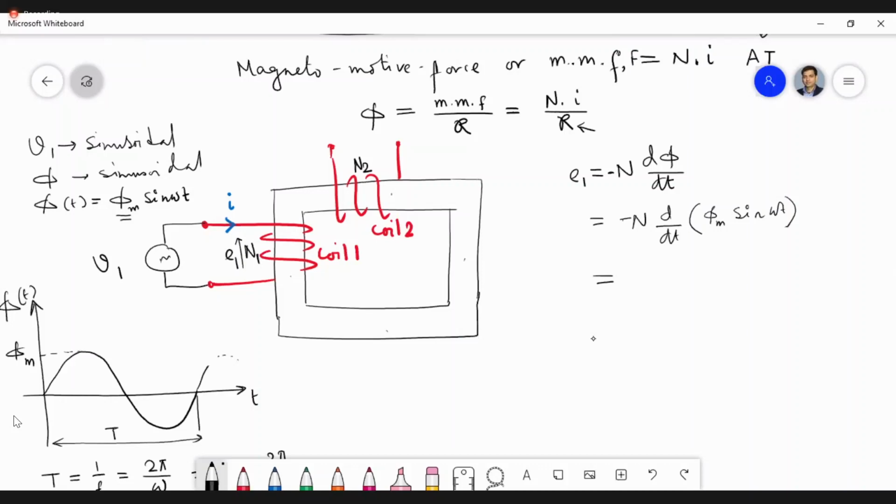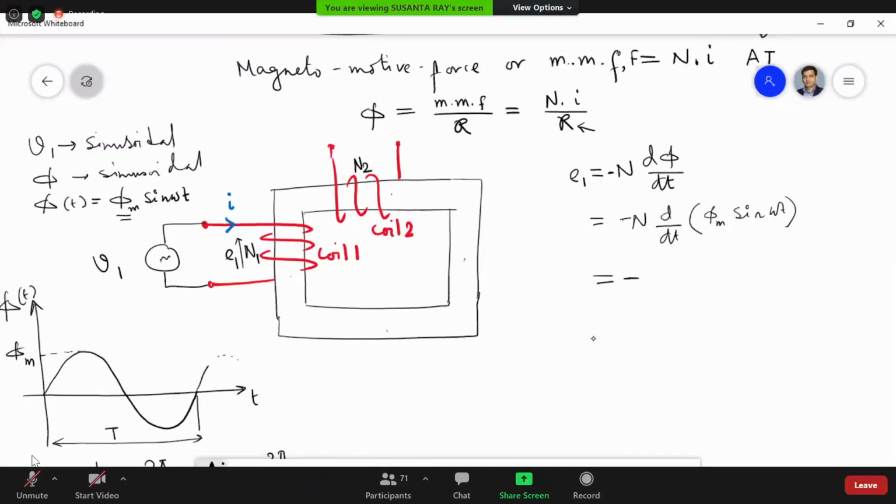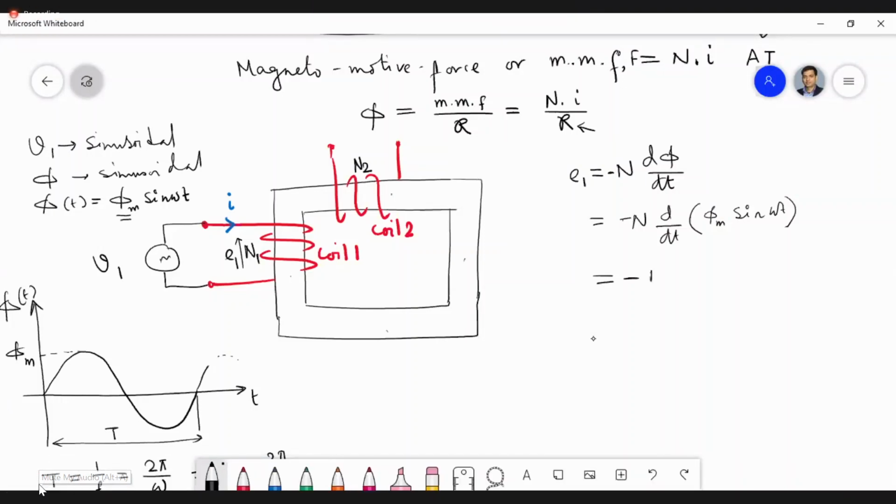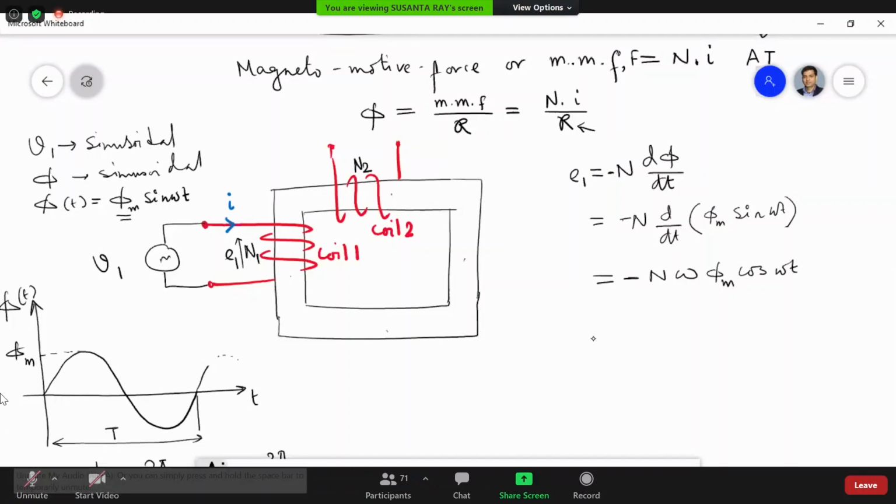If you take the derivative, what will it be? It will be minus N omega phi m cos omega t. Clear?